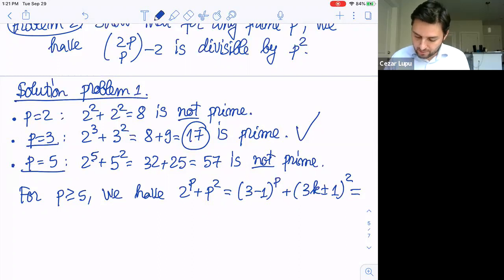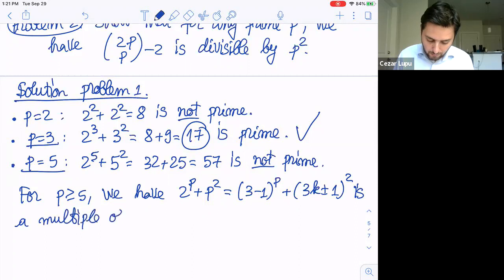So this guy, and I'll leave it to you, is a multiple of 3, right? So this implies that 2 to the p plus p squared is composite.